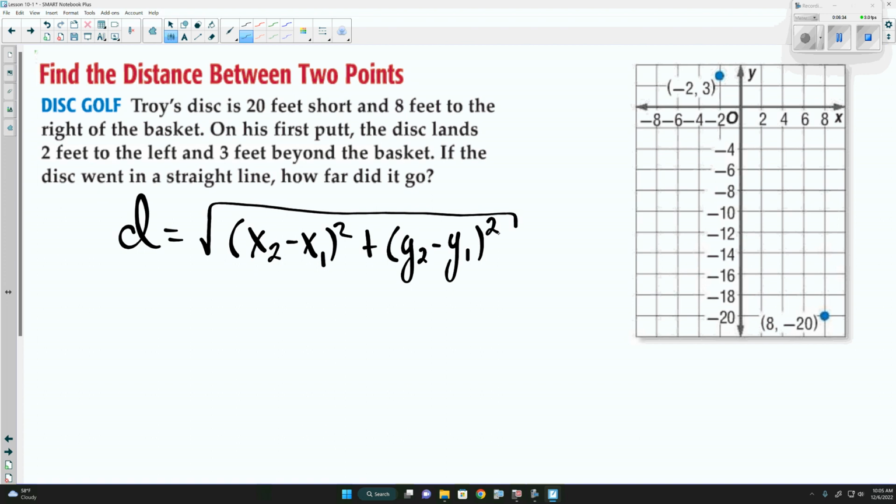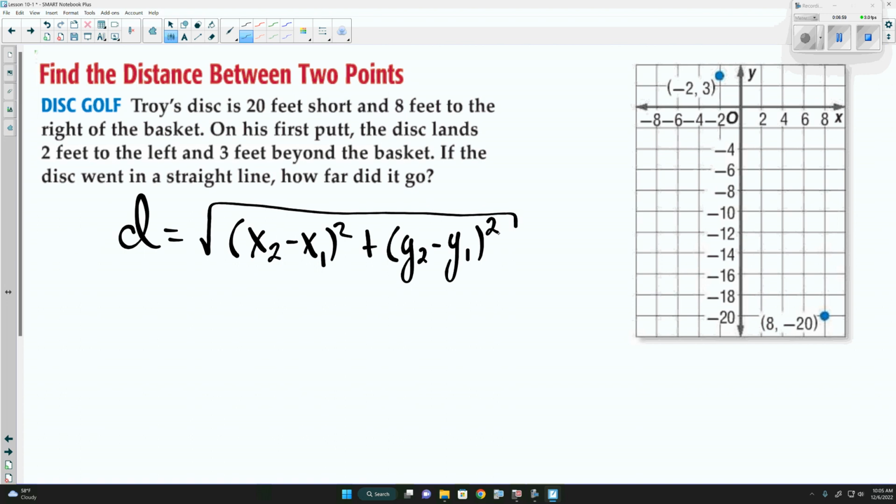So now they didn't give us straight points like for midpoint. They told us Tony's disc is 20 feet short and 8 feet to the right of the basket. Short 20, so 8, negative 20. On his first putt, its disc lands 2 feet to the left and 3 feet beyond. So luckily they did give us this here. How far did it travel?